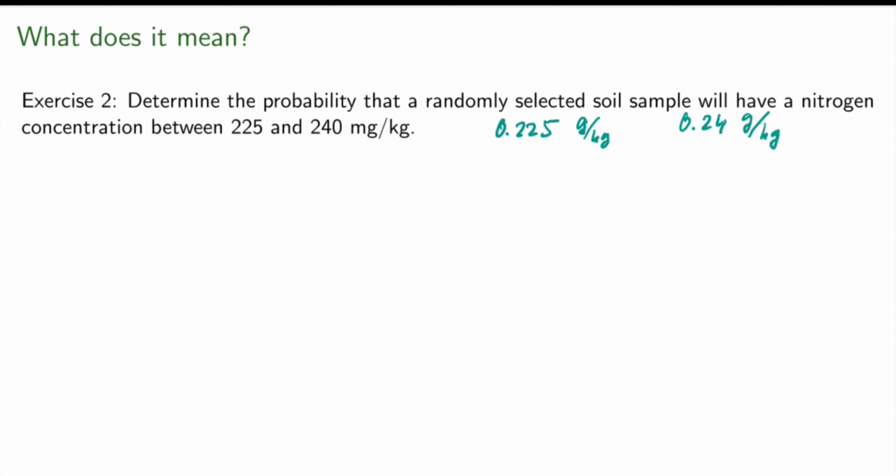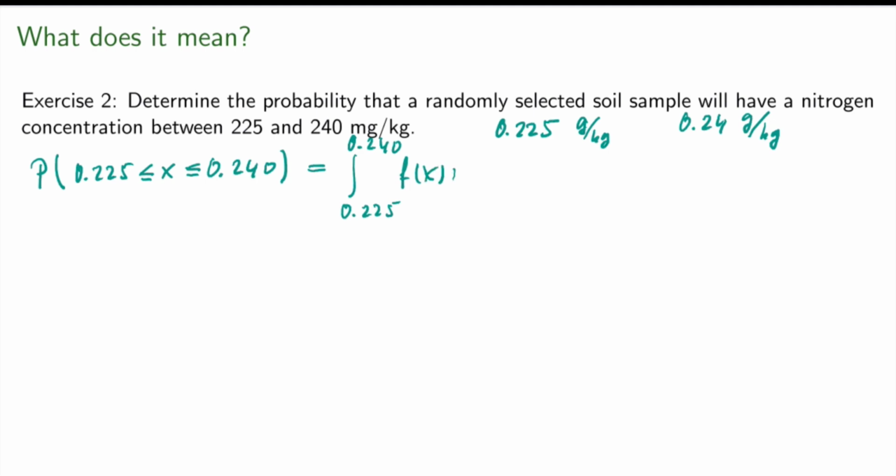So the probability to be in this interval can be computed by integrating the probability density function. The probability that 0.225 is less or equal x less or equal 0.240 is the integral from 0.225 to 0.240 of our function f of x dx.